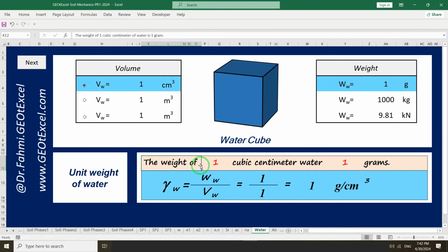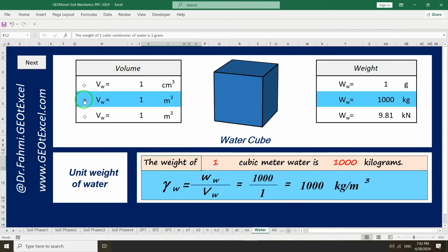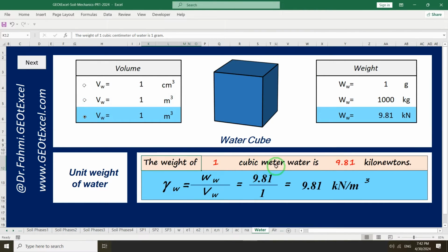The weight of 1 cubic centimeter water is equal to 1 gram. The weight of 1 cubic meter water is 1000 kilograms. The weight of 1 cubic meter water is 9.81 kilonewtons.